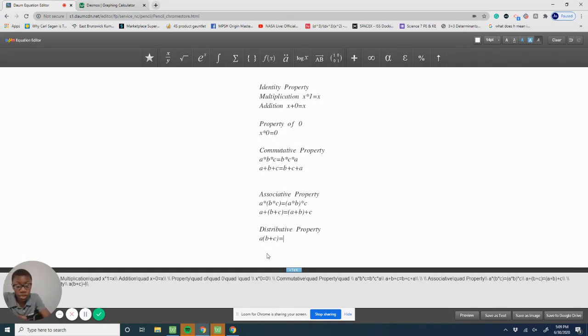What we can actually do here is distribute. So what it actually equals is AB plus AC. We're multiplying A times the B and A times the C. You will multiply A by everything that's inside those brackets.